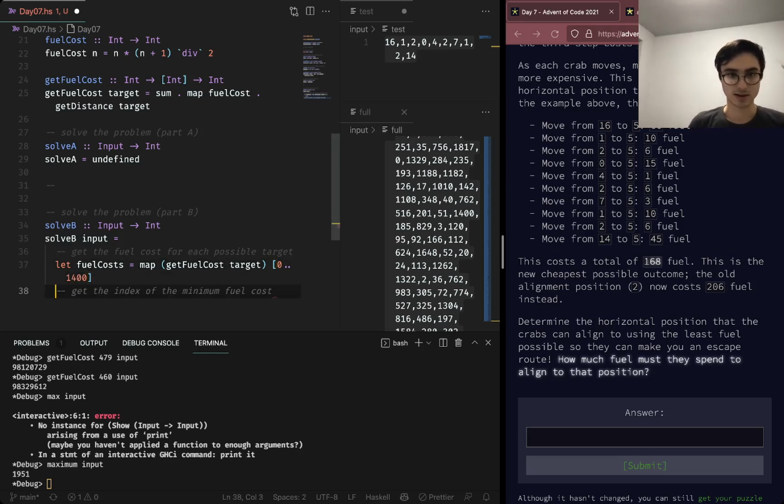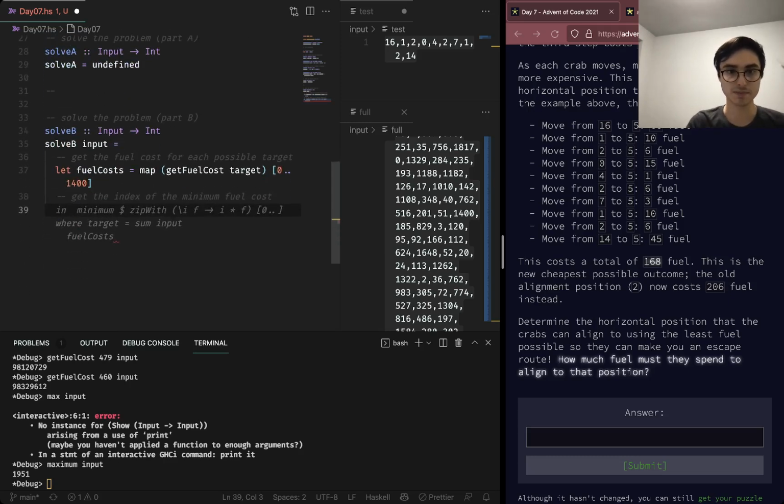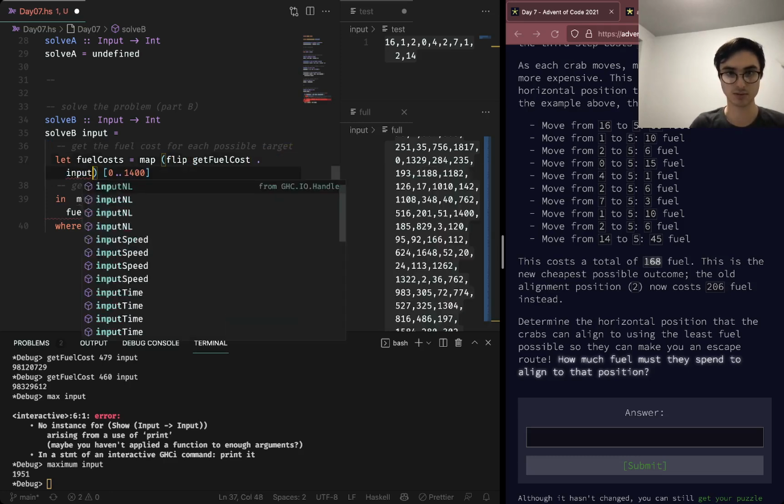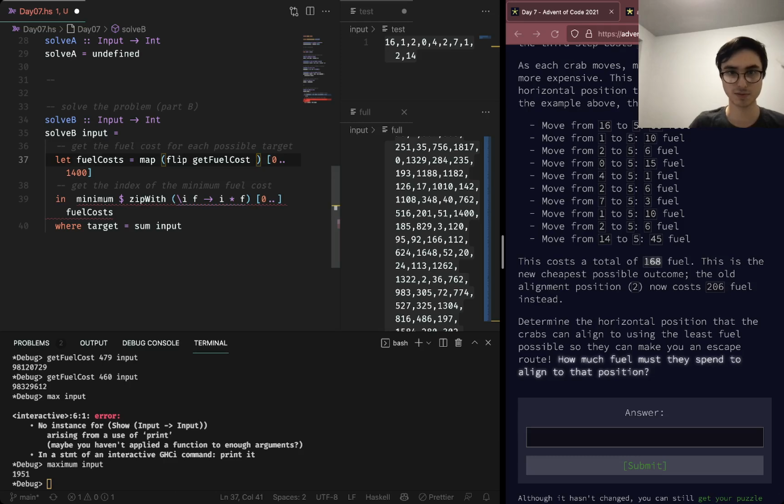And then get the index of the minimum fuel cost, right? Sure, where target equals some input. And I think we need to flip get fuel cost input, something like that.